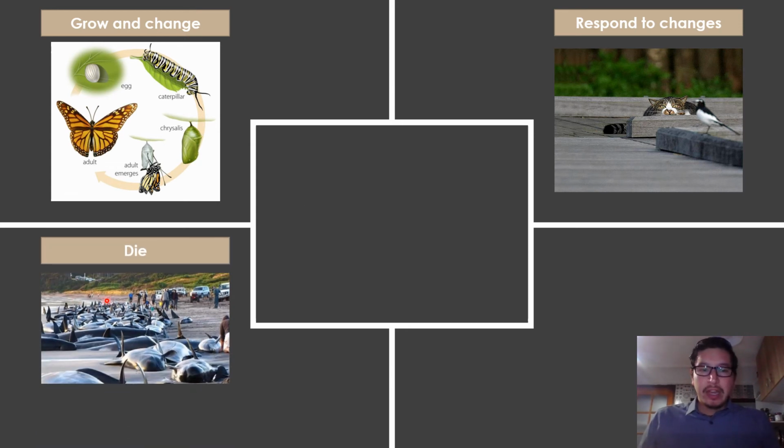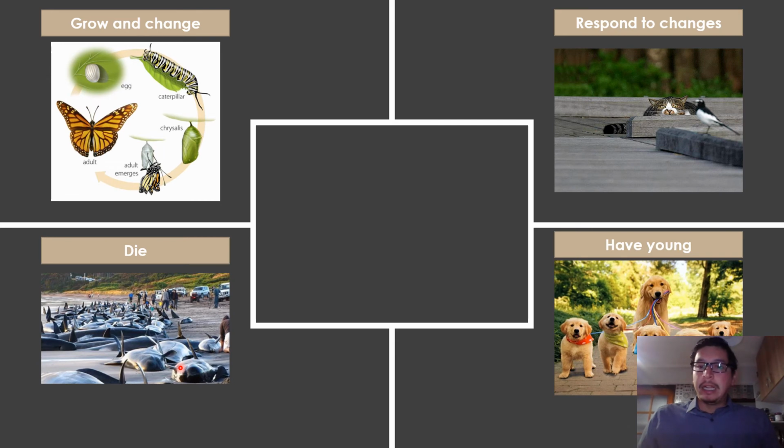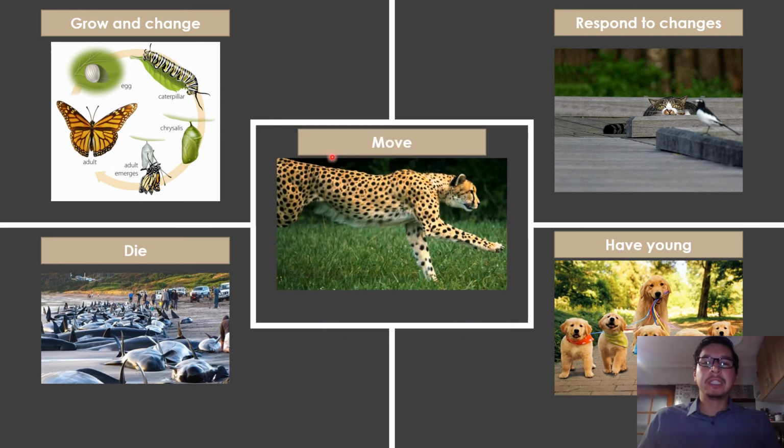Living things die. Here we can see all these whales here at the shore of the beach. Living things have young. We can see the dog with the little puppies there going for a walk. And finally, living things move. We can see this cheetah running in the jungle.